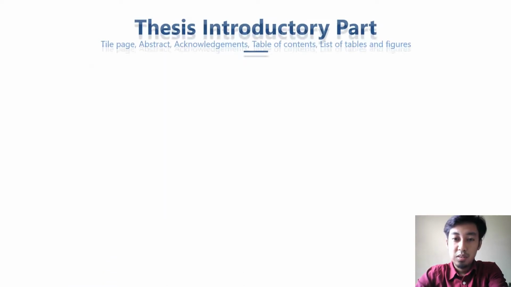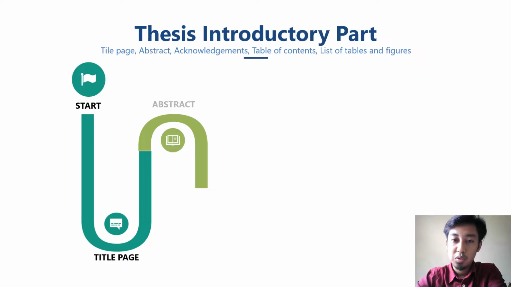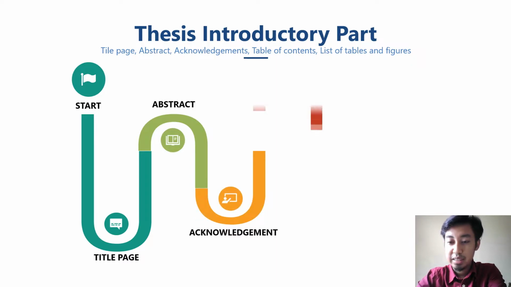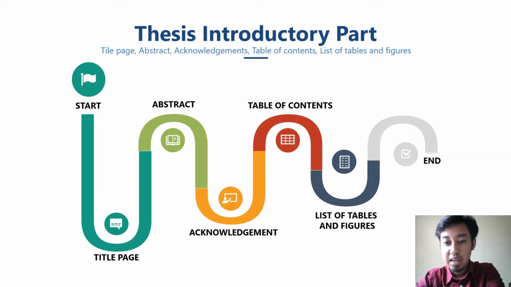During your writing you should follow the guideline. The introductory part should have a title page, abstract, acknowledgement, table of contents, list of tables and figures, so the audience can follow your thesis in a proper way.